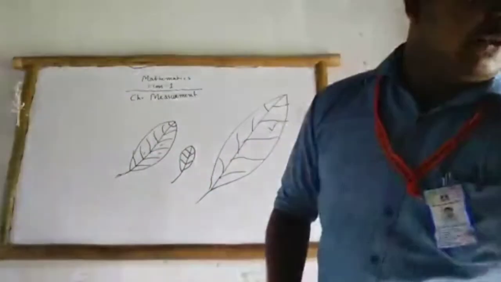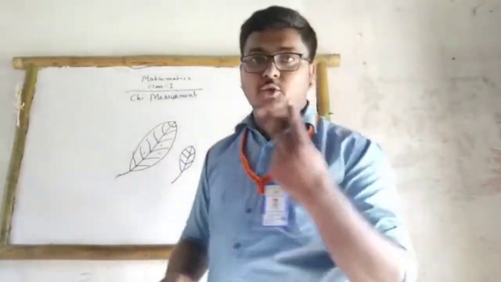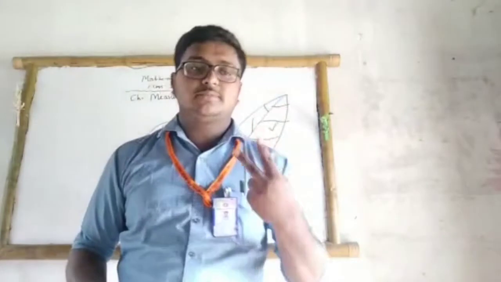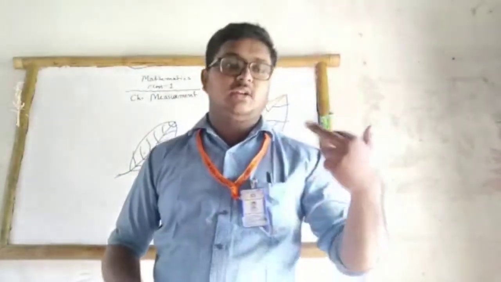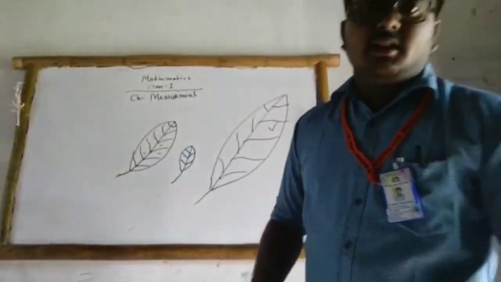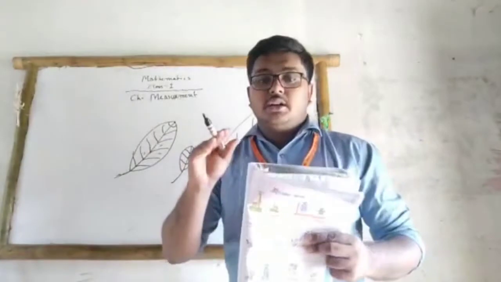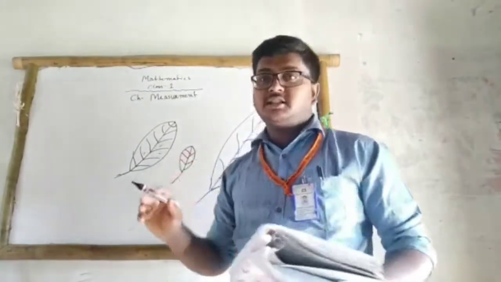We use longer and shorter when comparing the length of two objects. When comparing more than two objects, we should use the words longest and shortest.